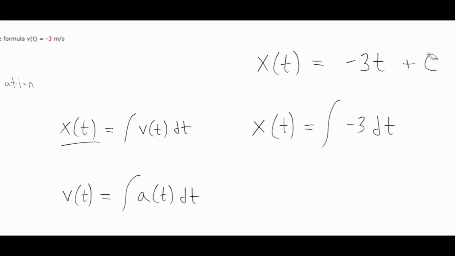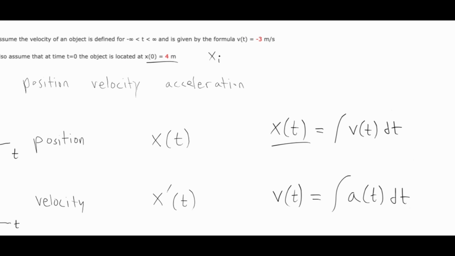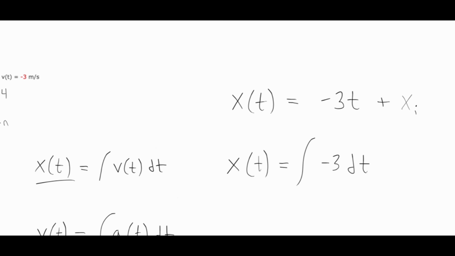Now what's the c in this particular situation, do you think? The c has a physical meaning in this case. It could be called, say, xi: the initial position of the object. And we know that according to the givens, xi is 4. Therefore, the formula that they're looking for here is x of t equals -3t plus 4.